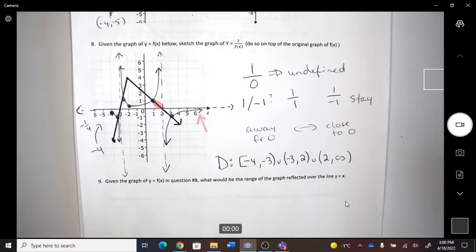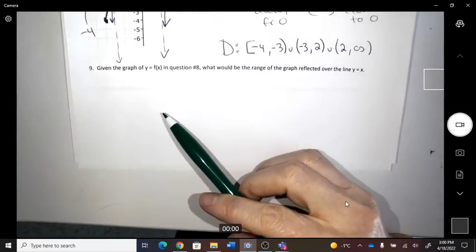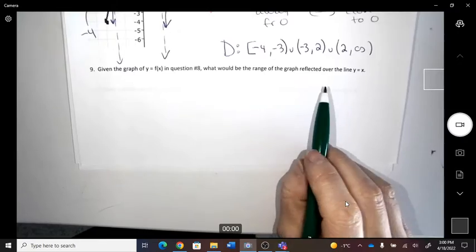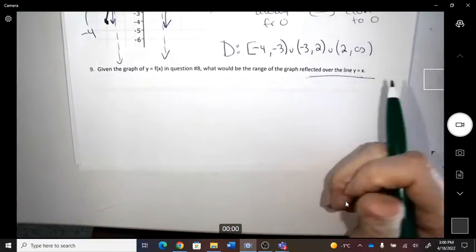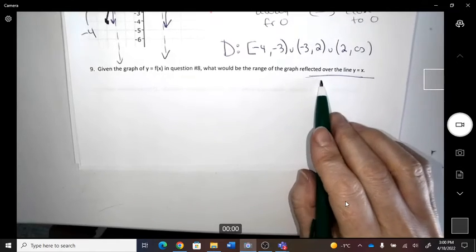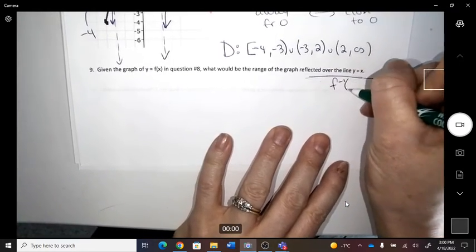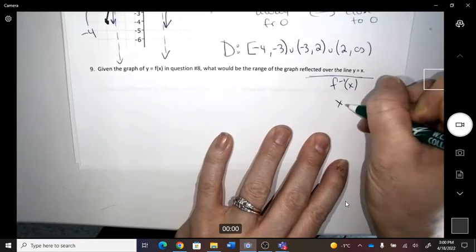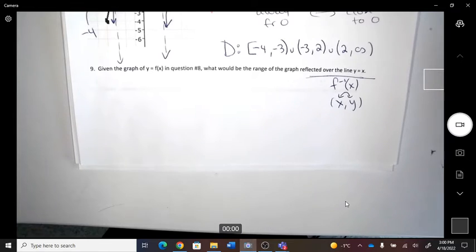Okay, for question number 8, what would be the range of the graph if I reflected it over the line y equals x? What does this mean? It's the same thing as this, which is the same thing as this. That is all the same idea, right?